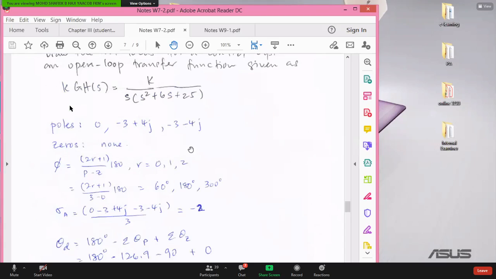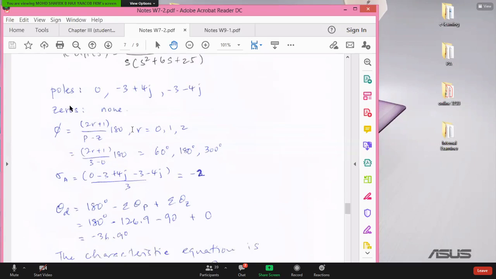Since we have this complex pole, you need to find the departure angle from the complex pole. All you have to do is just find one of them, and then it's going to be symmetrical about the real axis.